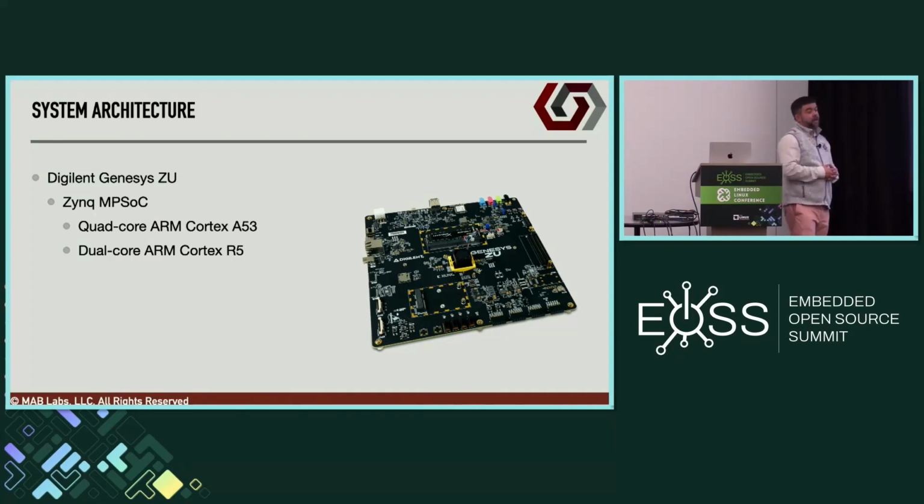It's the same sort of Xilinx product, but on a different board by a different vendor. It's a Digilent Genesis ZU. It has a Zynq MPSoC, so that's a quad-core Cortex A and a dual-core Cortex R. So it's not the Cortex M that we saw earlier in the earlier silicons. This is a Cortex R, which is meant for real-time operations.